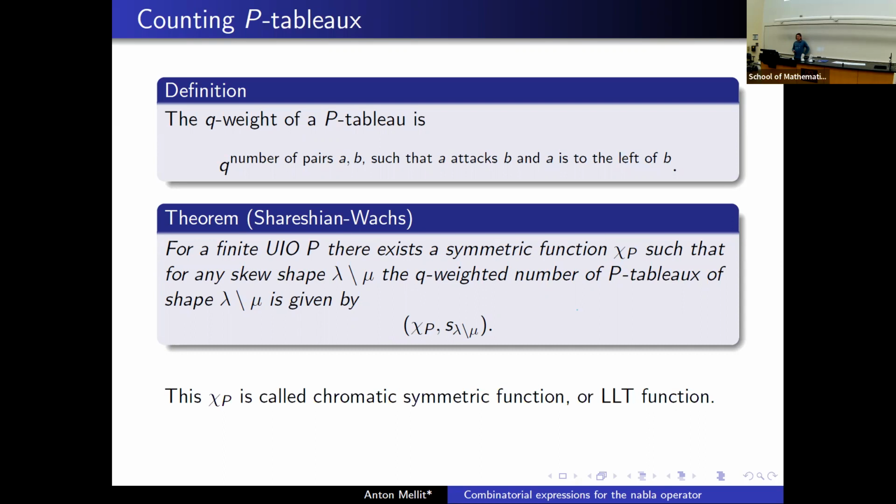So this chi p, up to some simple involution on symmetric functions or plethystic substitution, is basically the chromatic symmetric function. I think it's just the involution applied to the usual chromatic symmetric function to make this statement correct. Also, it's sometimes called the LLT function of that unit interval order.